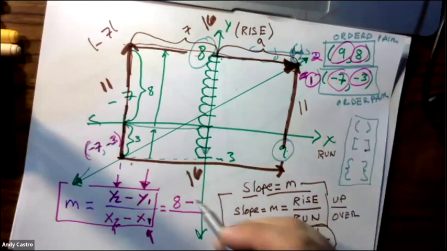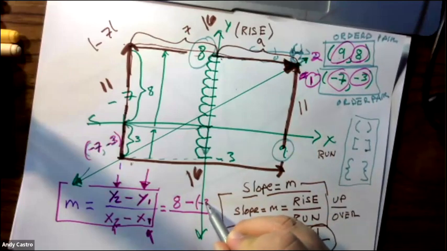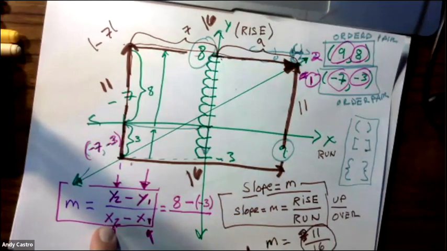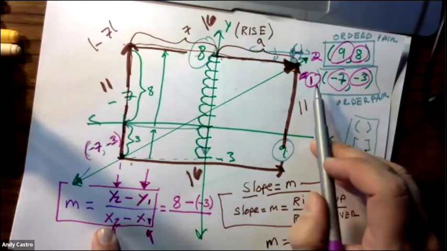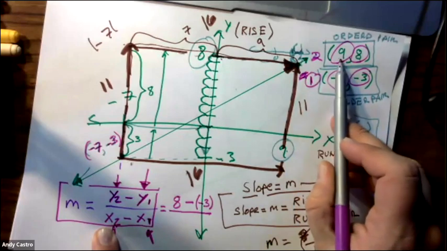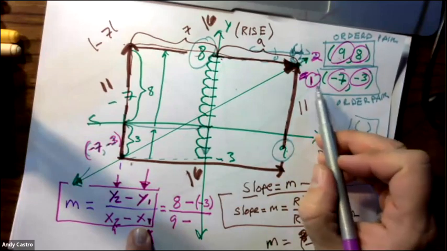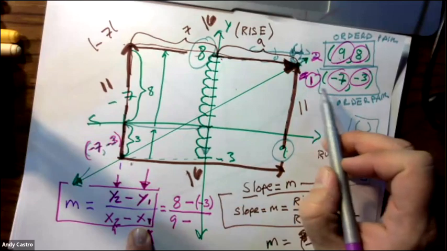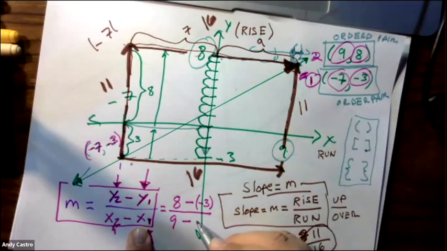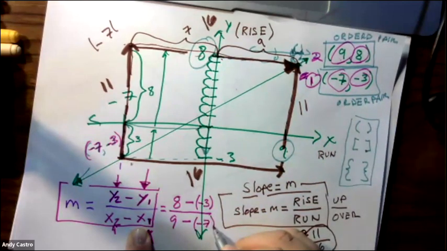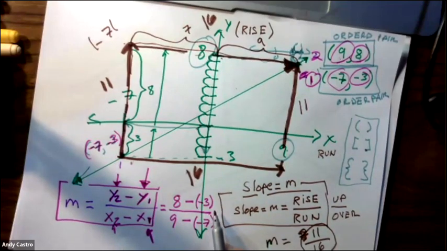That's a -3. And now x2, here's my second point. X component is 9 minus x1. I'm sorry, the first point, the x component is -7. All right, so I have 8 minus -3 over 9 minus -7.